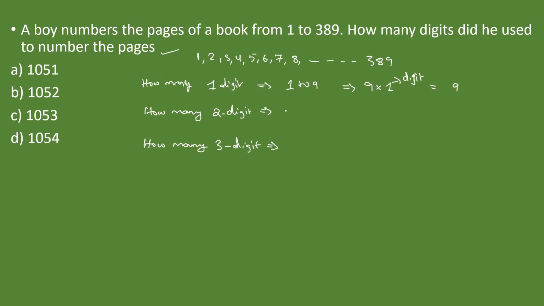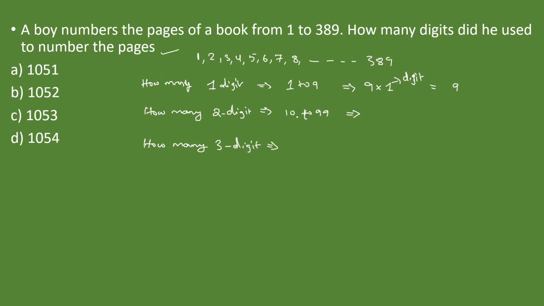Then the 2-digit numbers start from 10 till 99. From 10 to 99, how many numbers will there be? Please be careful; don't directly subtract. 99 minus 10 becomes 89, but please be careful whenever you do subtraction in this manner.